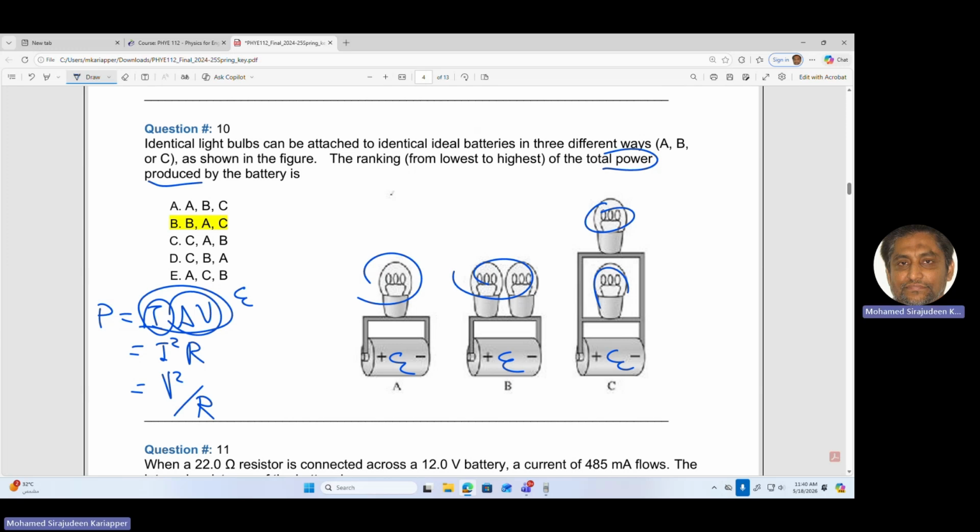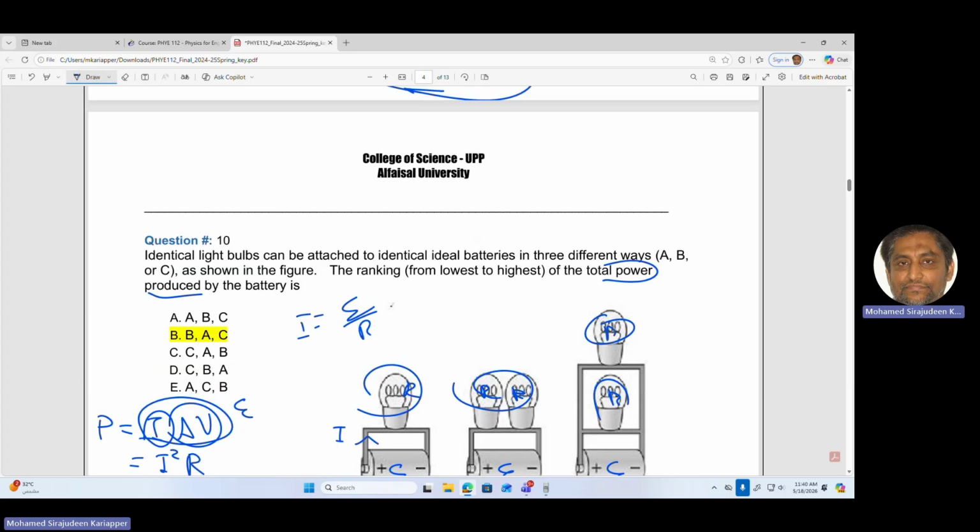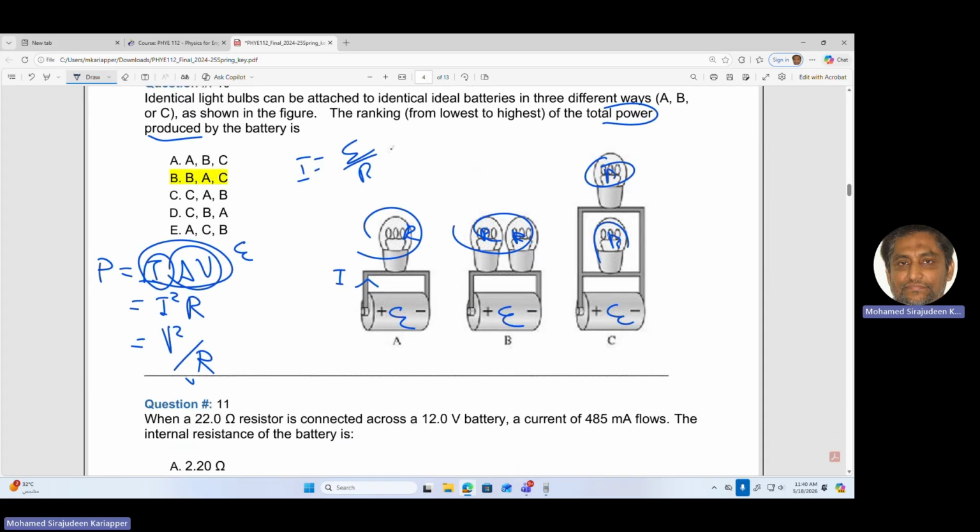Here, let's say I is equal to E over R, right? If I call it I for the first guy, for the second guy, do you think the I will be more or less? The resistance is doubled. They are two resistances in series.